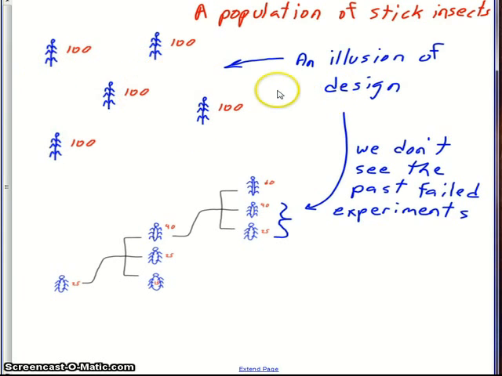Darwin's argument was that's kind of an illusion, because we fail to see all of those not so well adapted individuals of each generation that were food for the predators, but that was causing this evolutionary process to happen. And so in the past, there were insects that didn't look much like a stick, but over time, natural selection can cause this population to evolve better and better camouflage, and today we see the result of that long evolutionary process.